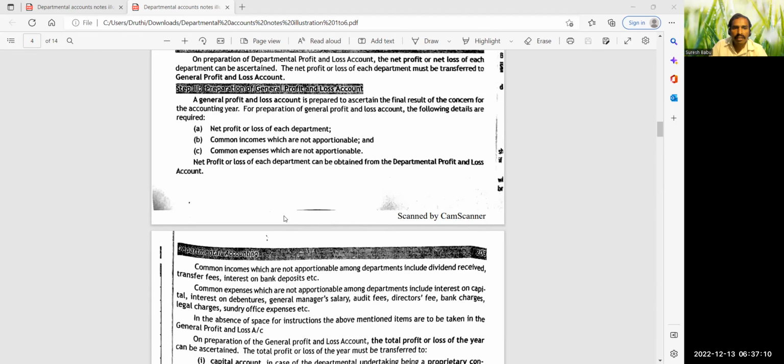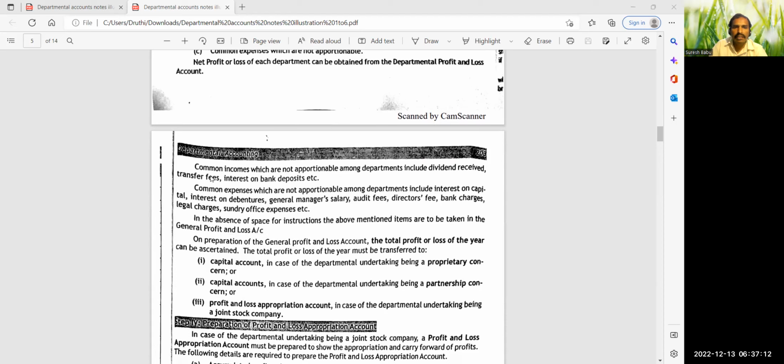Common incomes not apportionable among departments include dividend received, transfer fees, interest on bank deposits. What would you do? In the general profit and loss account, this dividend received, interest received, transfer fees received is to be recorded on the credit side as it is income.